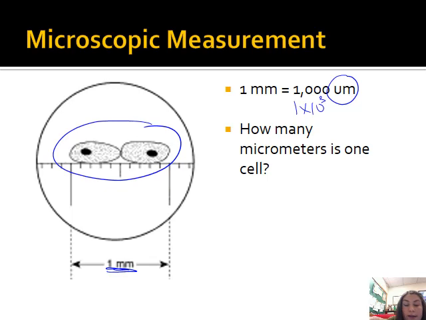So 1 cell would be half of that, so that would be 0.5 millimeters. It says that 1 millimeter is equal to 1 times 10 to the third micrometers, which means that we would move the decimal point 3 places. So we have 1, 2, 3, resulting in 0.5 millimeters or 500 micrometers.